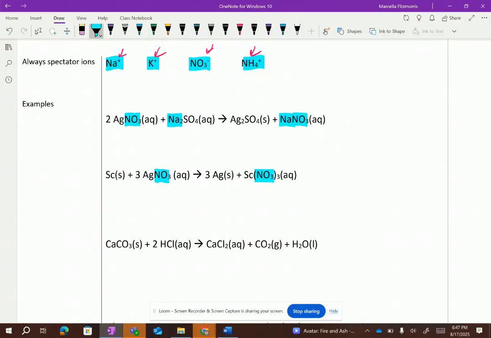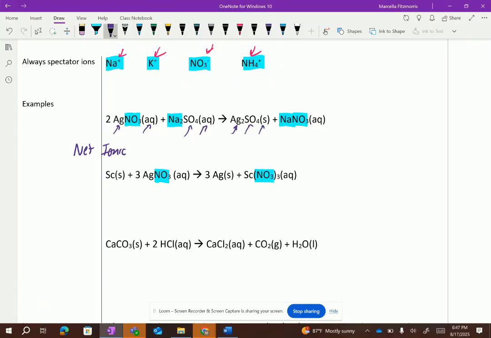Now I can quickly check and see if I want to do the net ionic equation and skip right past the total. I can look right now and see, does the rest of it make a change? Do I have Ag aqueous on the other side? The answer is no, I have Ag solid. Do I have SO4 aqueous on the other side? The answer is no, I have SO4 solid. So now I can skip straight to my net ionic equation if I know this.